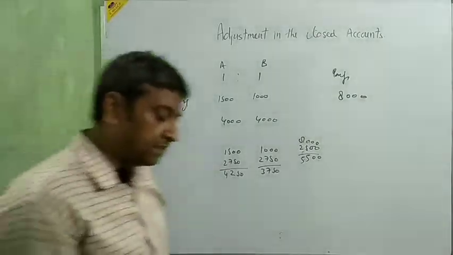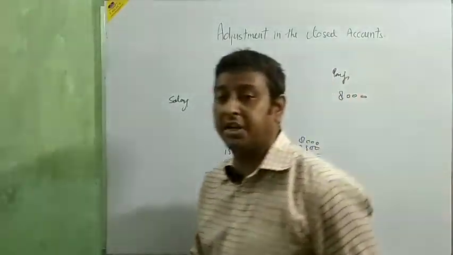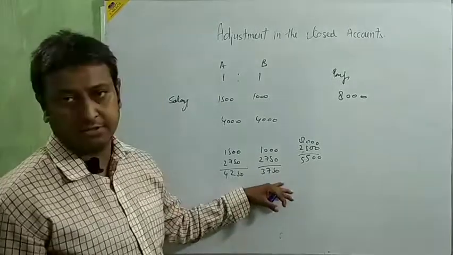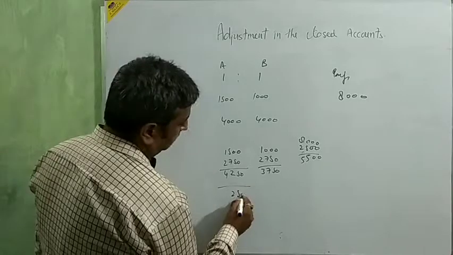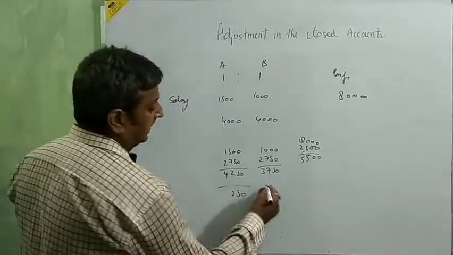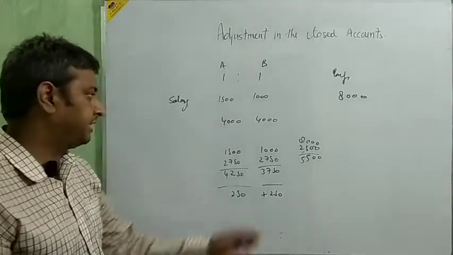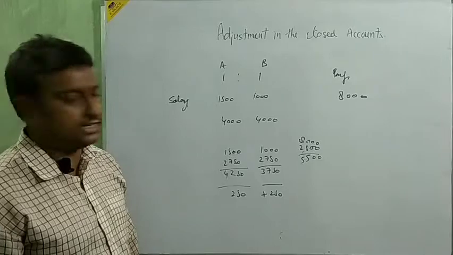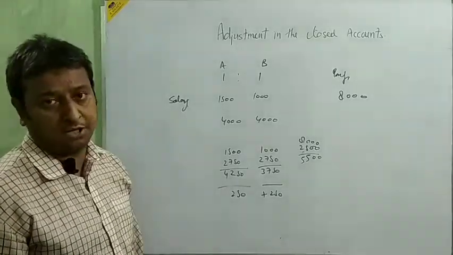Because after the closing of that account, we do the adjustment entry and try to finish the effect of this difference. Because one partner is getting 250 less and the other is getting 250 more, because he is getting 4,000 but 3,750 is needed, and here he is getting 4,000 but 4,250 is needed.